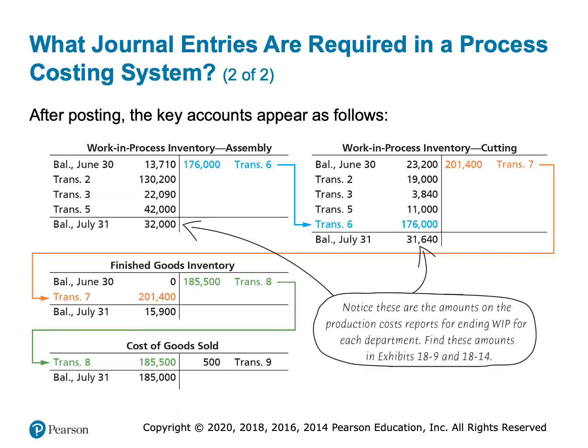So now, hopefully your T accounts look exactly like this. And so if we look at our cost of goods sold T account, notice that it has an ending balance of 185,000. So we reduced it a little bit. Notice that work in process has an ending balance of 32,000.